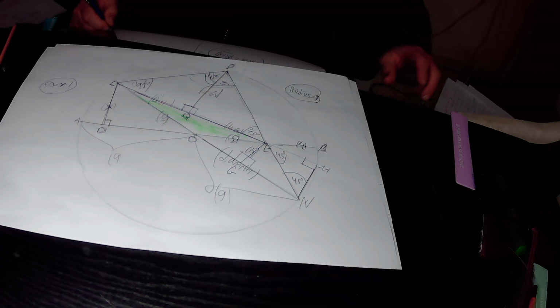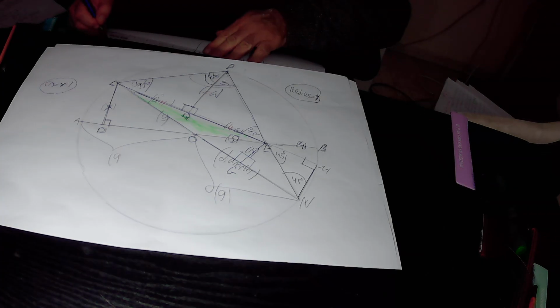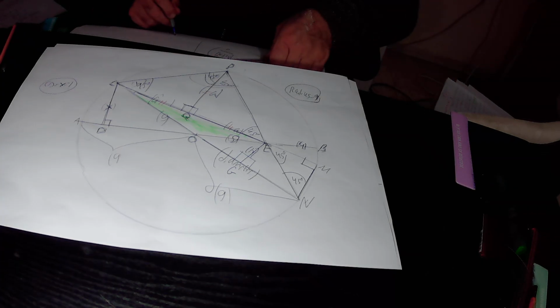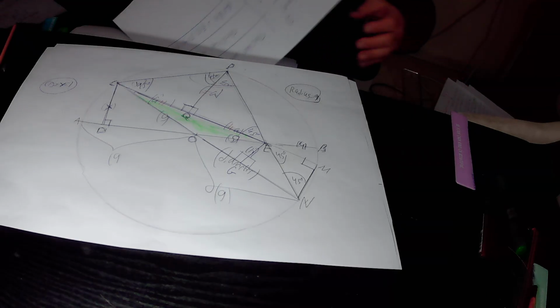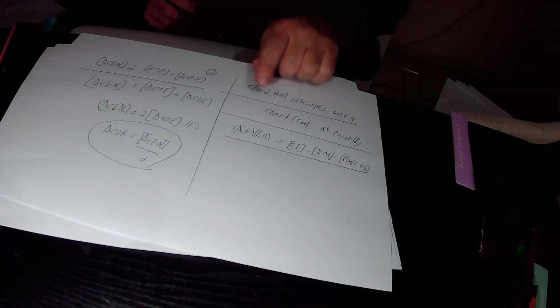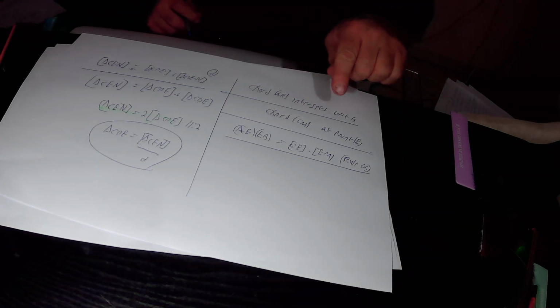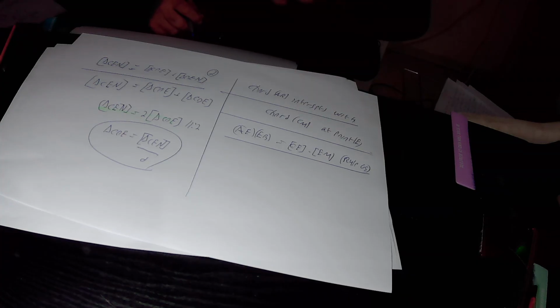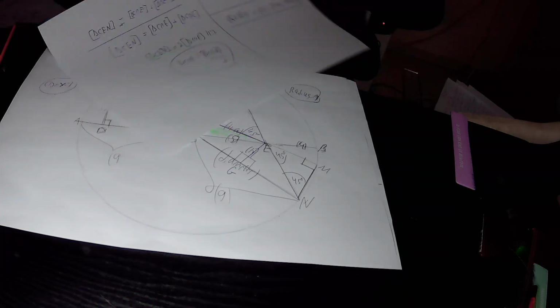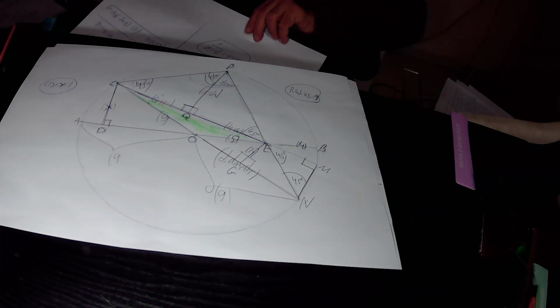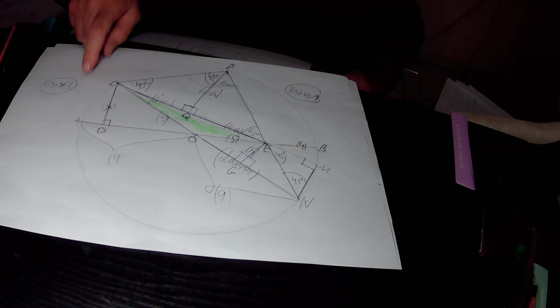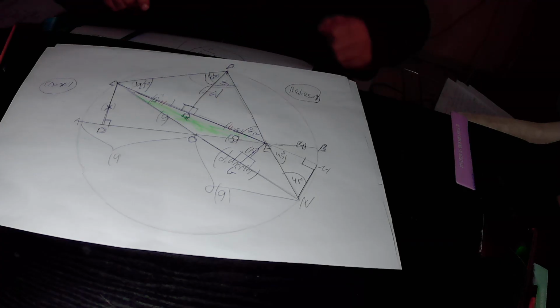And again, according to rule 65, the following equation is true. AE times EB equals CE times EM.